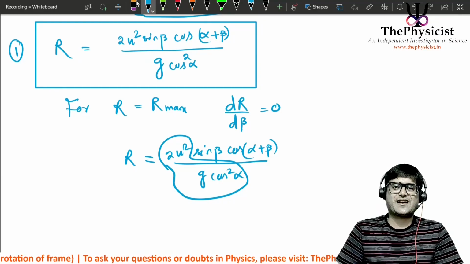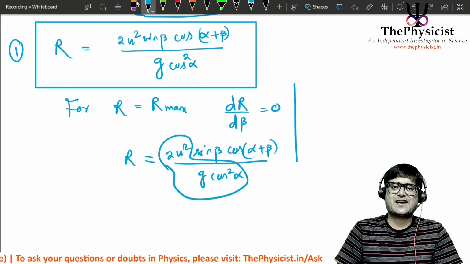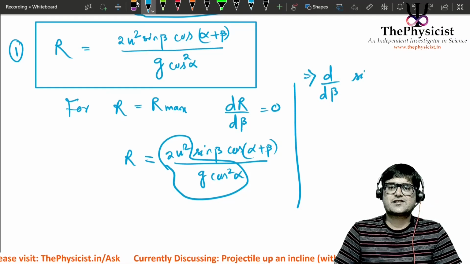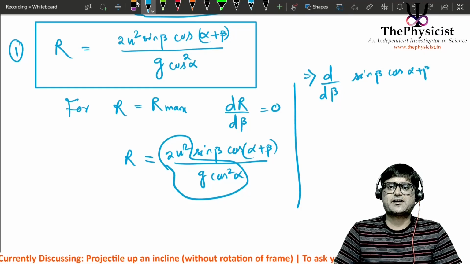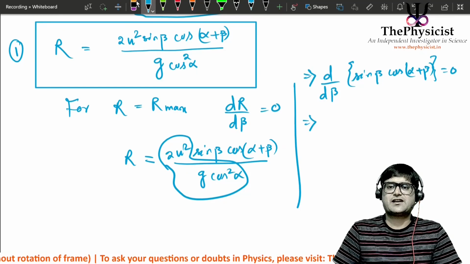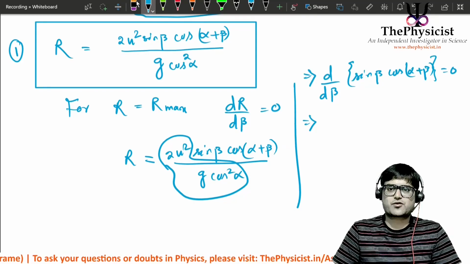So I can simply write that d upon d beta of sine beta cosine of alpha plus beta must be 0. It's a product rule of differentiation.